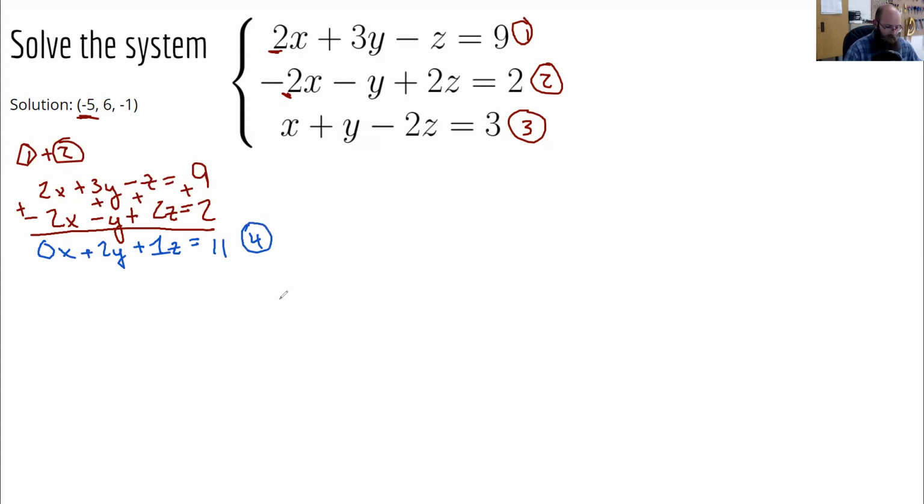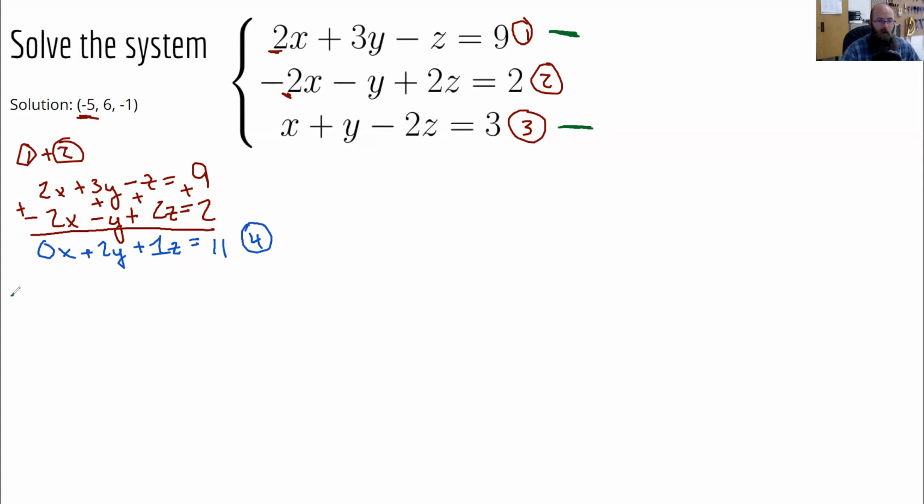So now I want to try and find another pair of equations that when I do elimination, like I did here, I'm going to get just y's and z's. That's all I want. So I'm actually going to do equation 3, this one, and equation 1, this one. I want stuff to cancel, so I'm just left with y's and z's. So I want x's to cancel.